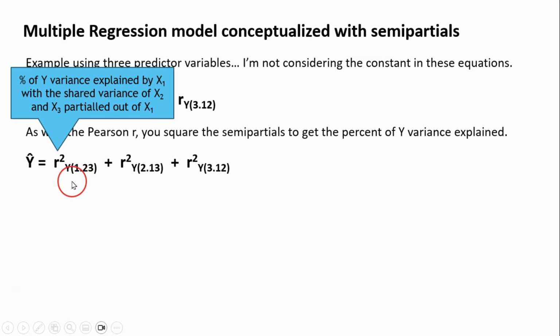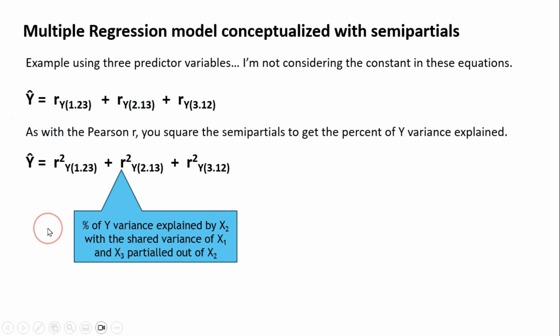So the first one is the following, because it's R squared. It's the percent of Y variance explained by X1 with the shared variance of X2 and X3 partialed out of X1.